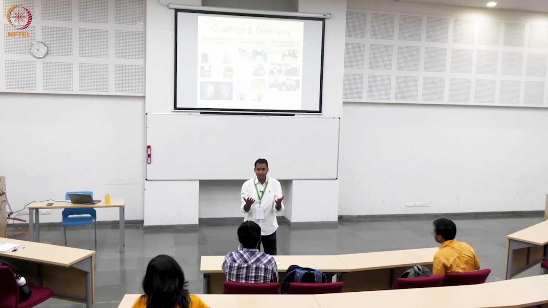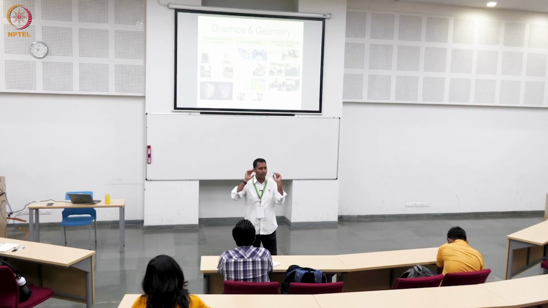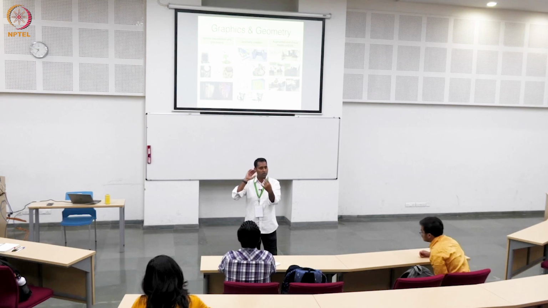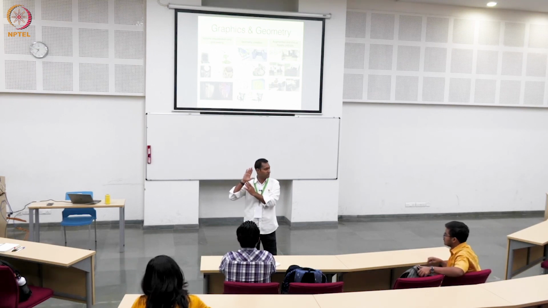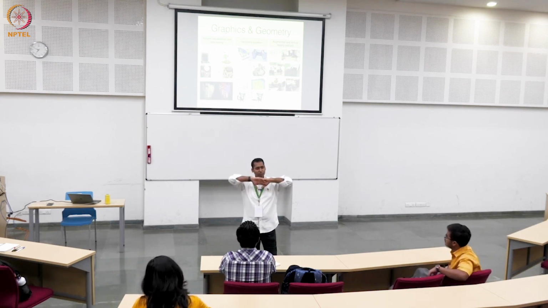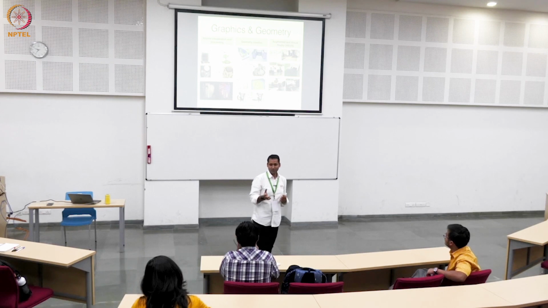In fact, we are looking at 3D, but because of these lenses, everything gets projected onto the retina, and that's a two-dimensional image, right? Now these two-dimensional images are fused by our brain into a 3D representation, and that's how human beings see in 3D. This is called stereo vision, okay?